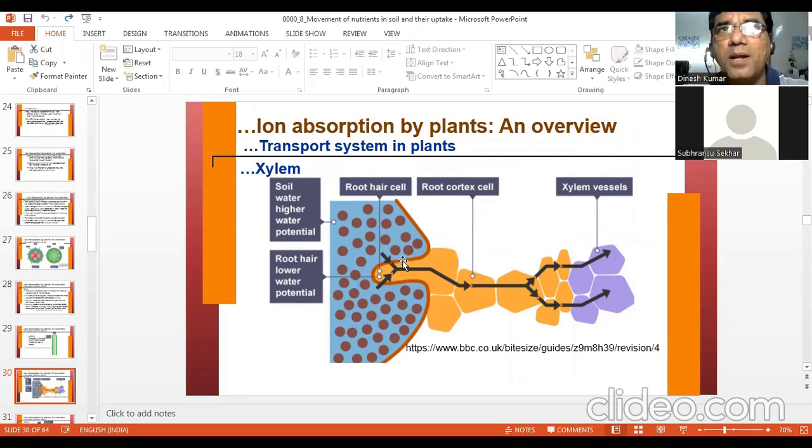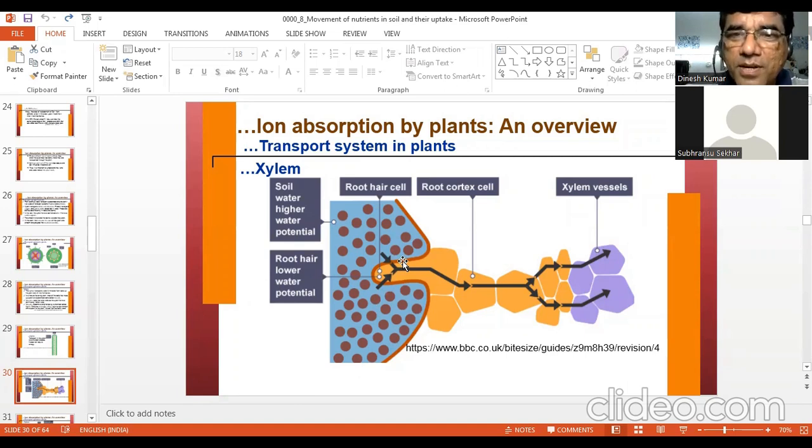And you should remember that nutrient uptake can happen from any part of the root. Any part of the root can take up nutrients, and there are different parts of the root. Some parts are taking up a particular nutrient. The nutrient uptake will also vary with the root part. And most of the time students consider that root hairs are always used for the uptake of nutrients, but that is not true.